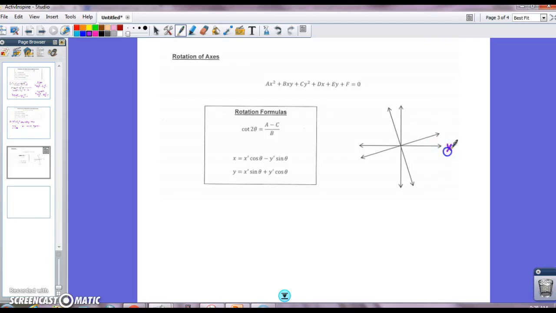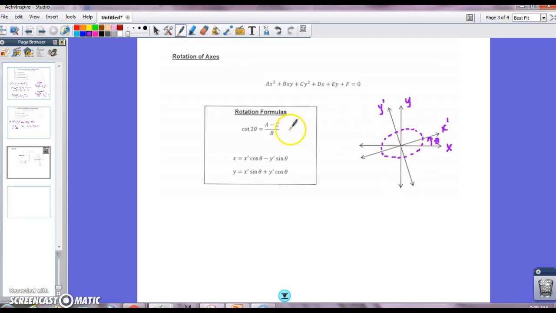So if this is your x-axis, this is your y-axis, we rotate through an angle of theta, and now we are at x prime and y prime. And that's how we would name our new axes. Okay, so we're rotating through an angle of theta, and now we have these new axes. So for example, we might have an ellipse that is now rotated, and how do we find the equation of that new ellipse?